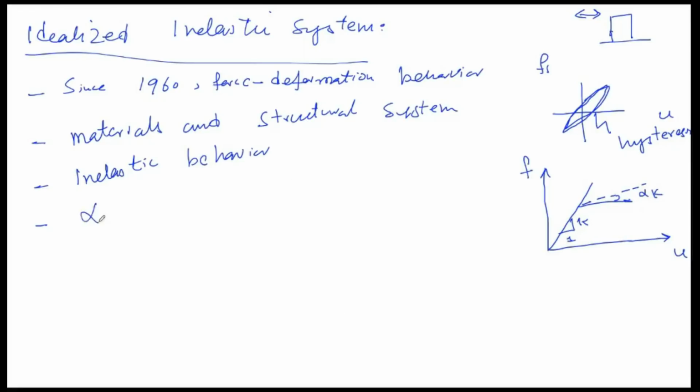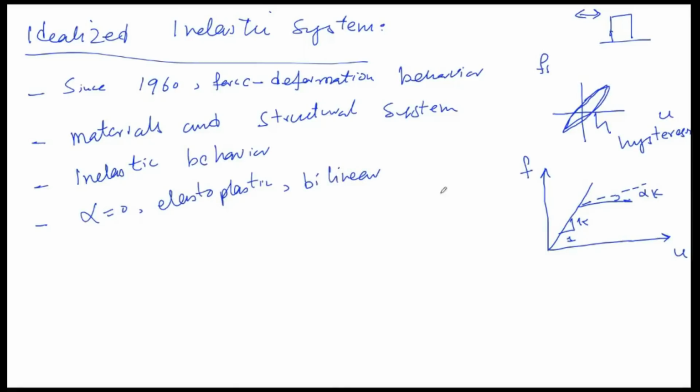So alpha is equal to 0 for an elastoplastic system, but it can be more than 0 when the system is bilinear.